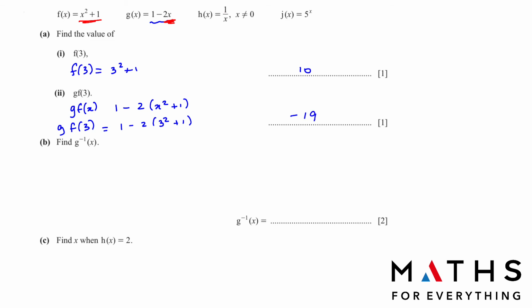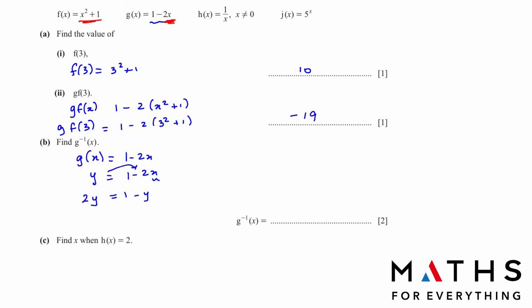To find g inverse of x, let's write down g of x is equal to 1 minus 2x. G of x means y is equal to 1 minus 2x. Our main aim is to make x the subject. Always remember x should be positive. It's negative, so I'm going to shift it to the left hand side. And this y on the right hand side.